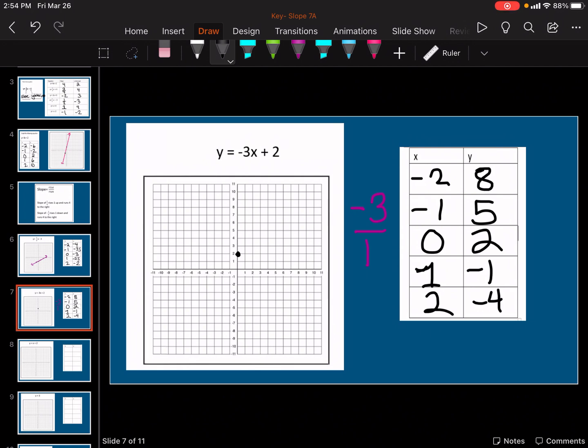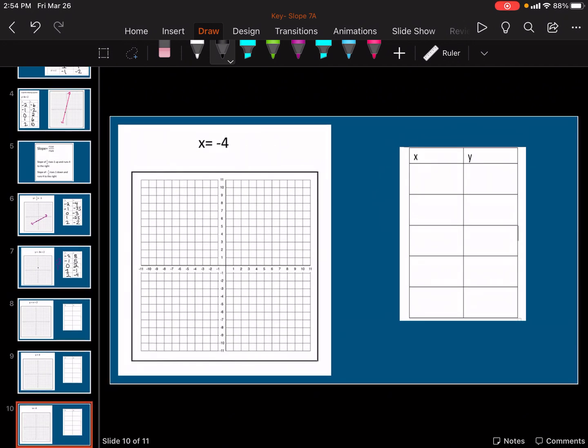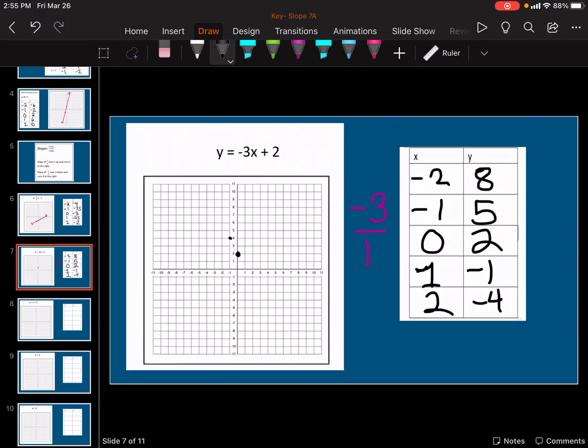So let's graph it. -1, 5. -2, 8. 1, -1. 2, -4.